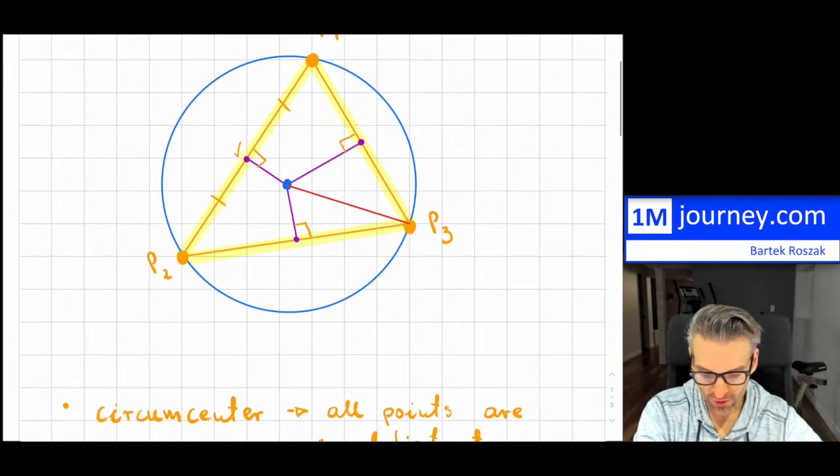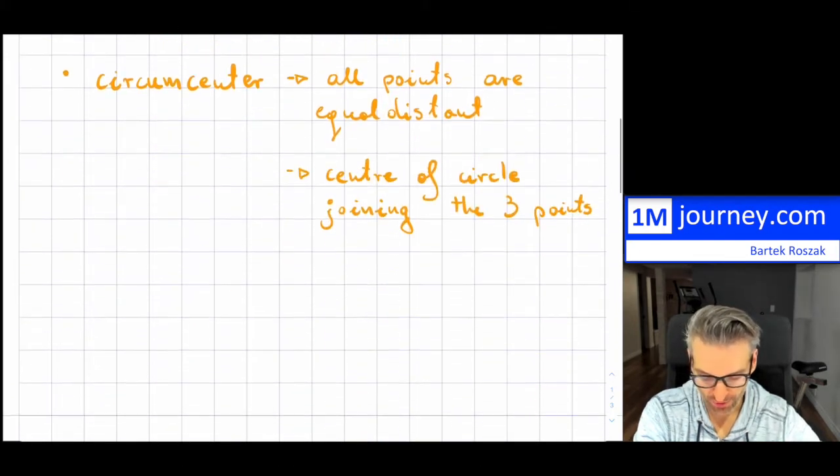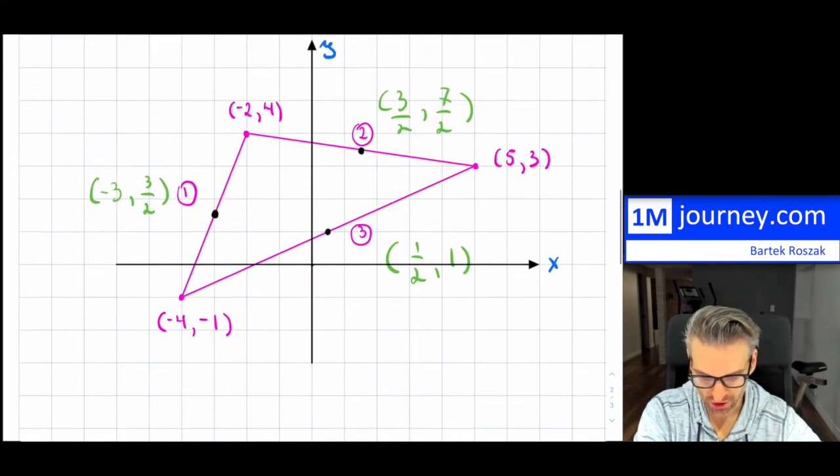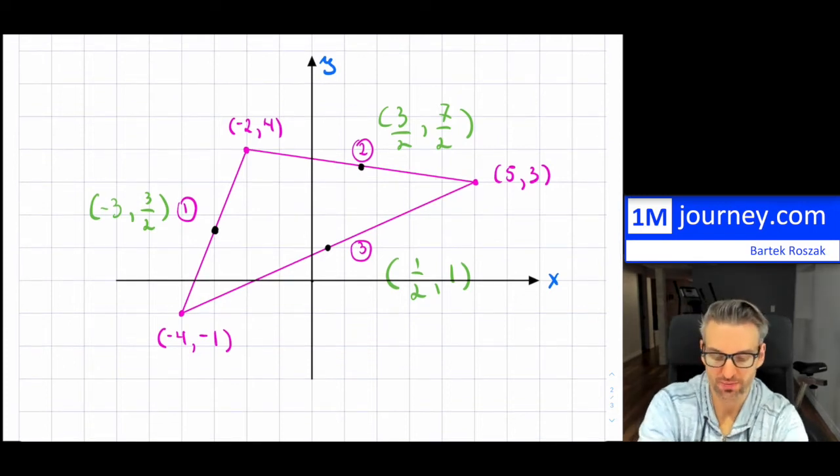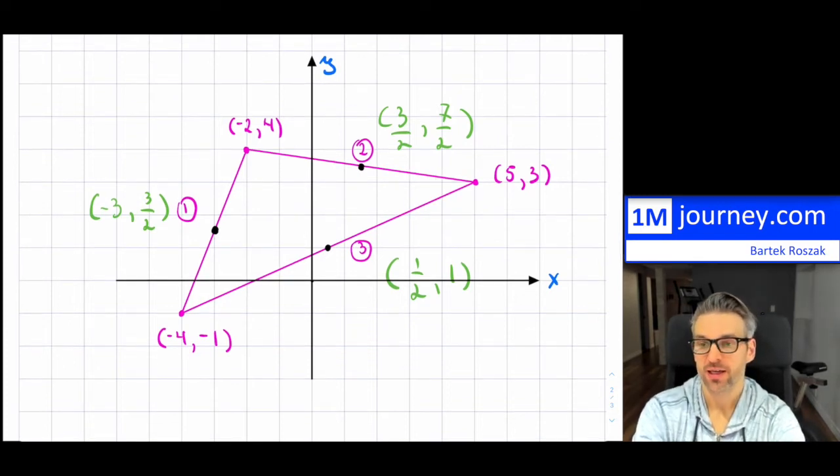Now, if you take a general example, here is a general triangle on the Cartesian plane. I have plotted 3 points on this particular Cartesian plane, and I've labeled the midpoints of each line segment.